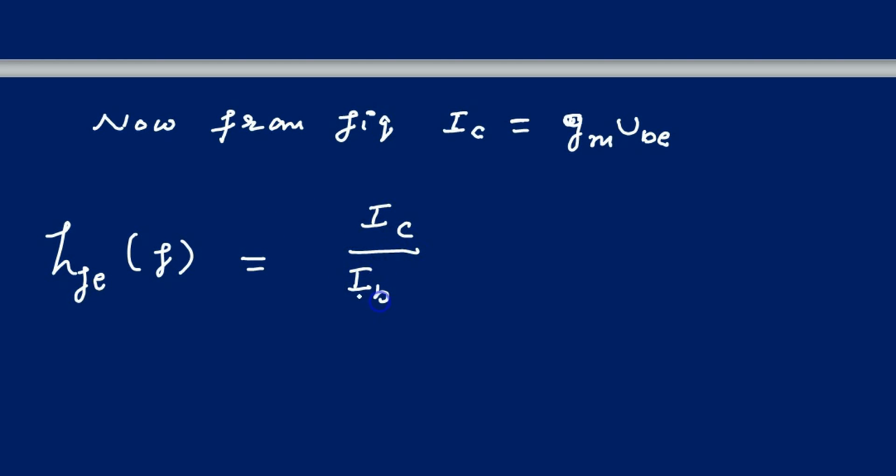So what is the definition of HFE? Output current over the input current, IC over IB when output is shorted.